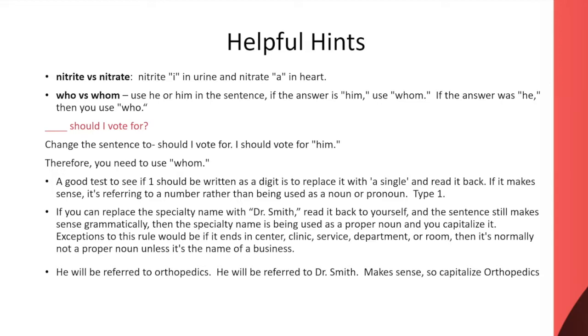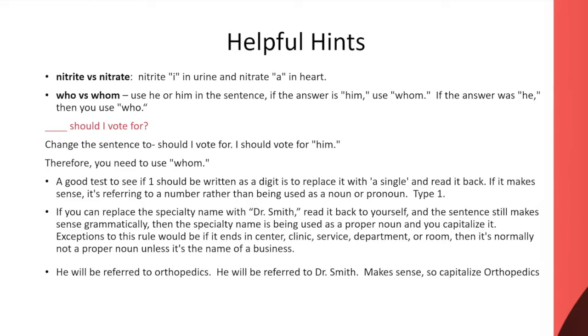A lot of times it's confusing as well, like who versus whom. So you would use he or him in this sentence. If the answer is him, use whom. If the answer was he, then use who. So, blank should I vote for. To figure this out, you just change the sentence a little bit. So, should I vote for?